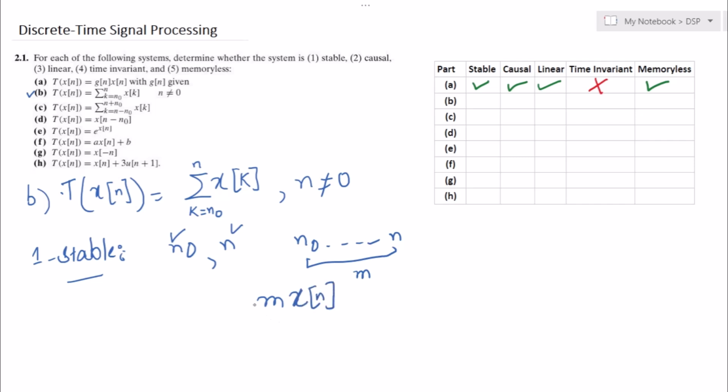We don't know whether this value is higher or lower, so this system will be unstable. If this value is higher, it will make the system unstable. So the system is unstable; this is not stable.